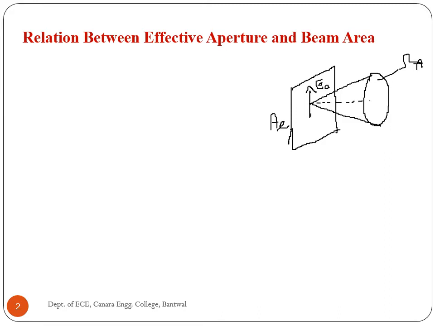Beam is radiated to some point at distance r, then the field at this point is ER.